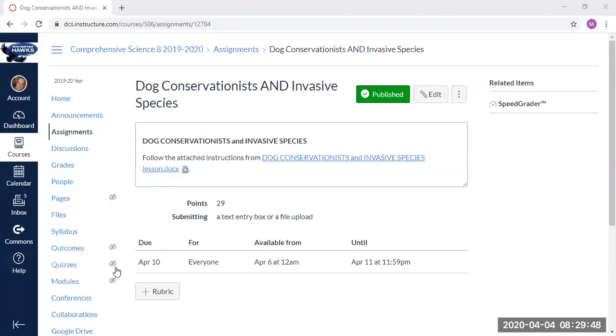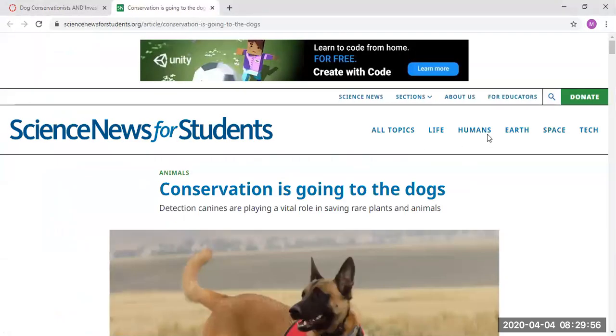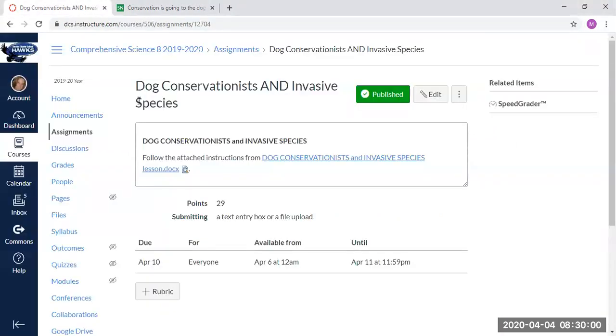We're going to start by reading this article from Science News for Students and answering the questions on the link that follows. Okay, so make sure that you have both of those open and ready to work on.